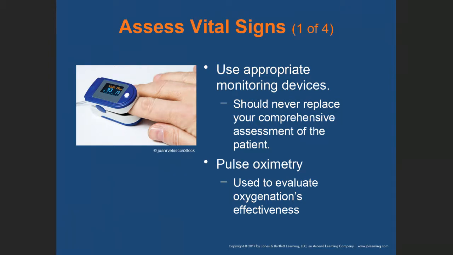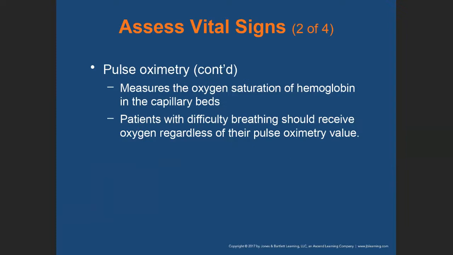Pulse oximetry is used to evaluate oxygenation's effectiveness. Pulse oximetry measures the oxygen saturation of the hemoglobin in the capillary beds. Patients with difficulty breathing should receive oxygen regardless of their pulse oximetry value.